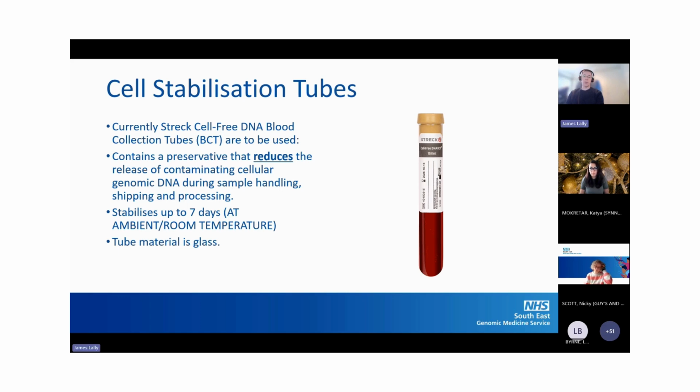It is also important to note that the preservative is only active at room temperature. Do not refrigerate these tubes. Also worth noting is the tubes are made of glass, so special consideration may need to be taken with regard to storage and handling.